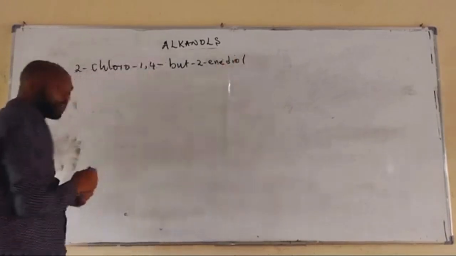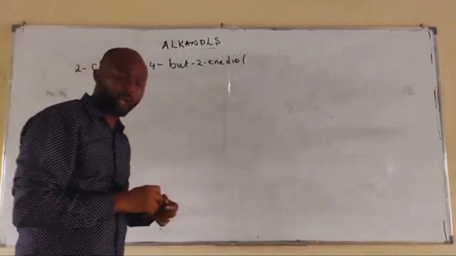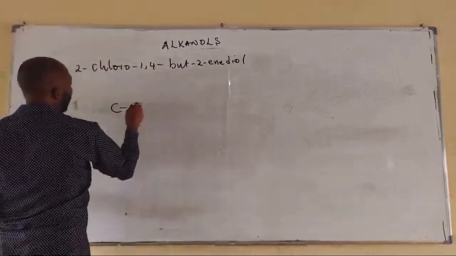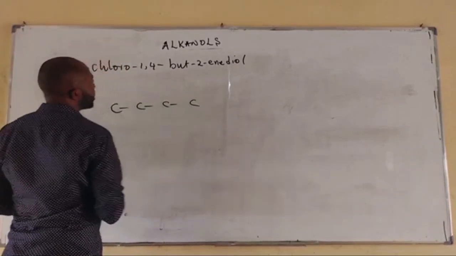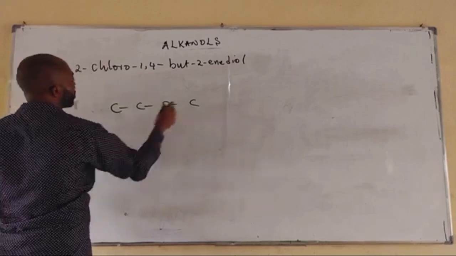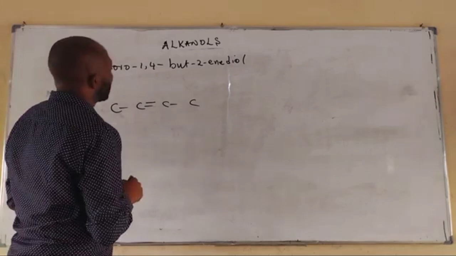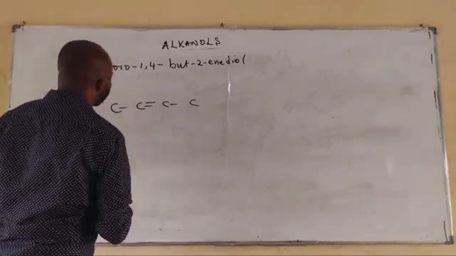Alright, there's a double bond here. Now, but is butane. 1, 2, 3, 4. So but-2 means the double bond is in carbon 2. Okay.